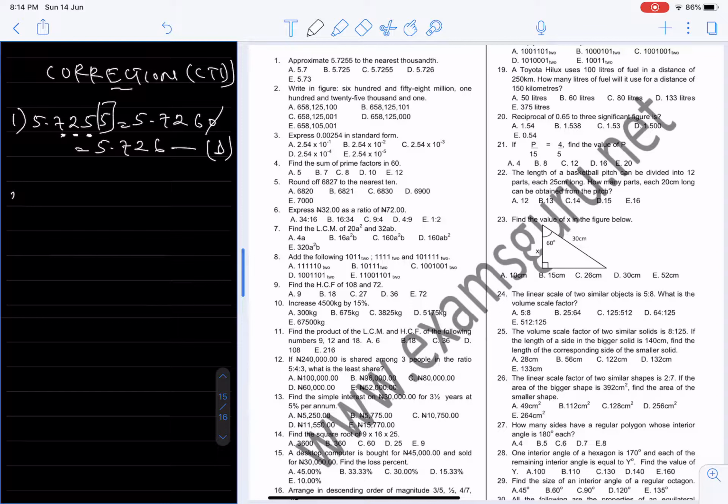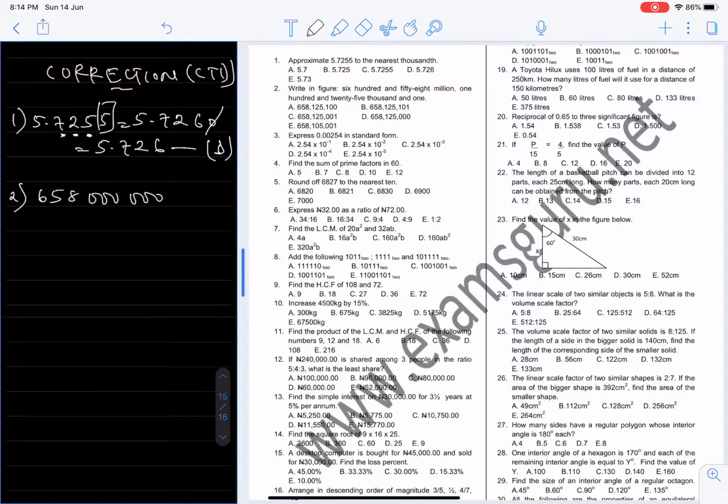Now here, number 2, write 658,125,001 in figure. What you do here is a simple trick. Just write the numbers out separately and add together. 658 million.